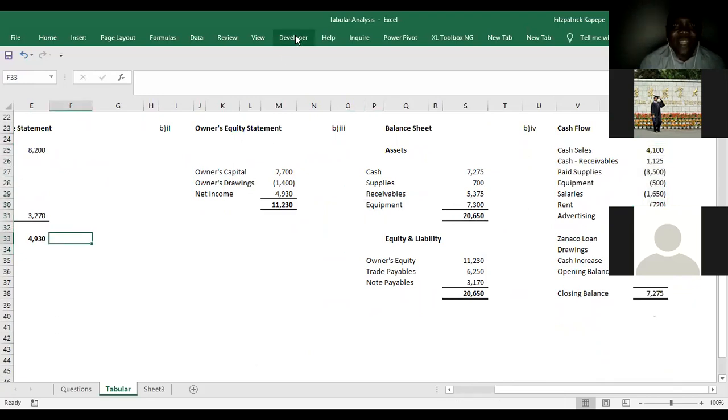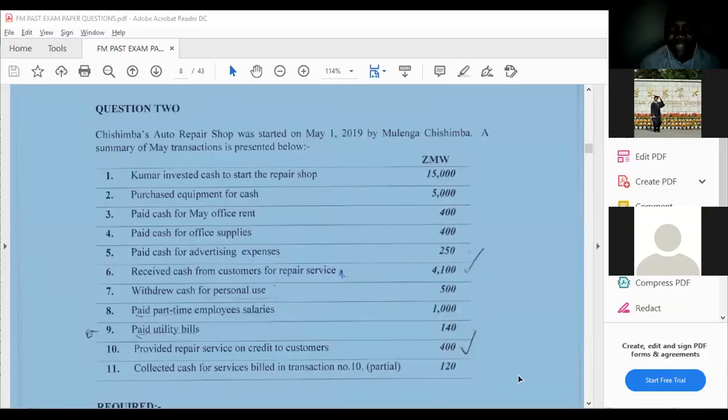So, guys, we are done on this one. Let me just go back to your Sarah's question. You do this tonight or tomorrow morning. Even when you're at the office, just sit and do it. You'll see Kuma invested cash to start their repair shop, purchase equipment, paid cash for mail, office, whatever.